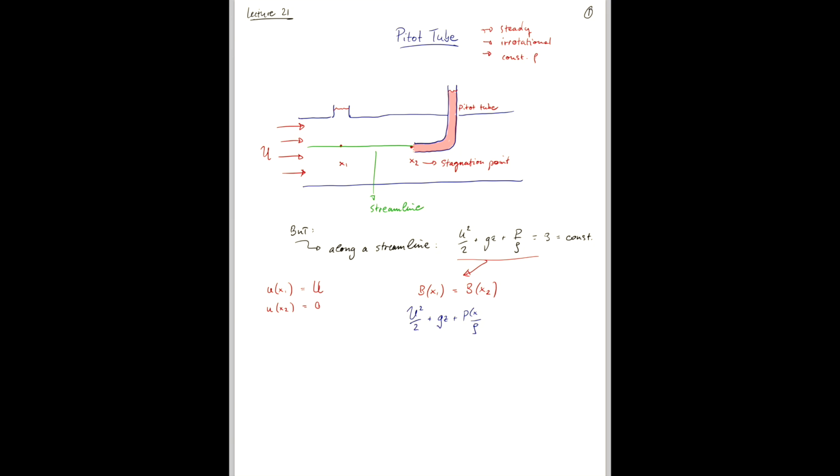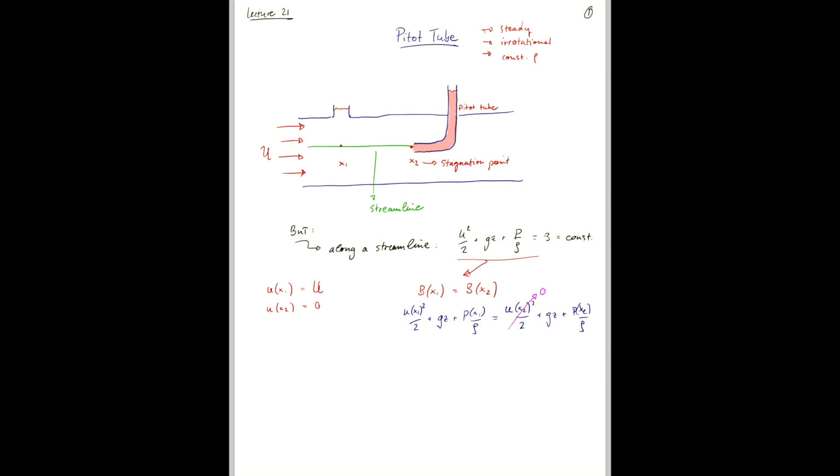And let me backtrack here. This is u of x1 squared, which is just u squared. So u of x1 squared over 2 plus gz plus p of x1 over rho has to be equal to u of x2 squared over 2 plus gz plus p of x2 over rho.